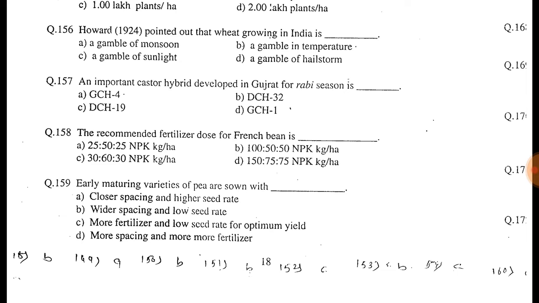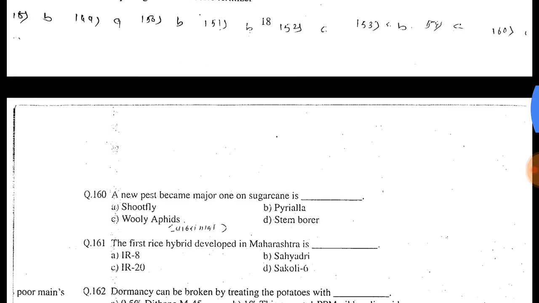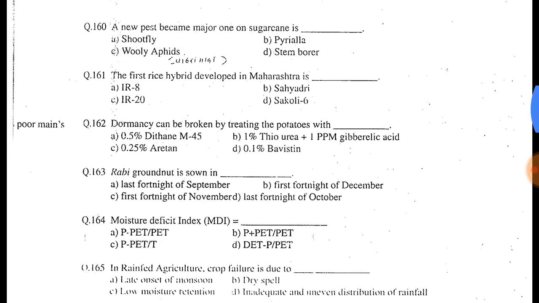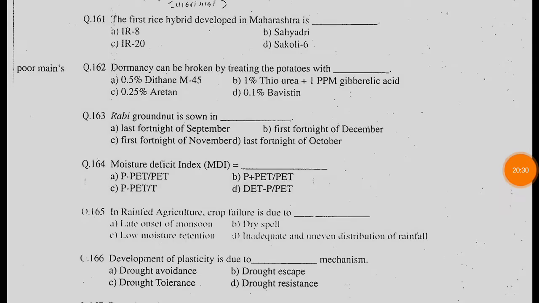159. Early maturity varieties of pea are sown with closer spacing and higher seed rate. Question number 160. A new pest which became a major one on sugarcane is woolly aphid. 161.